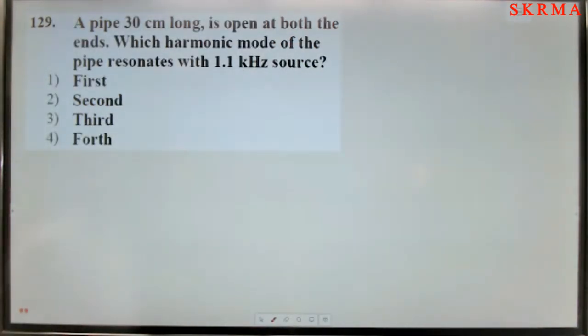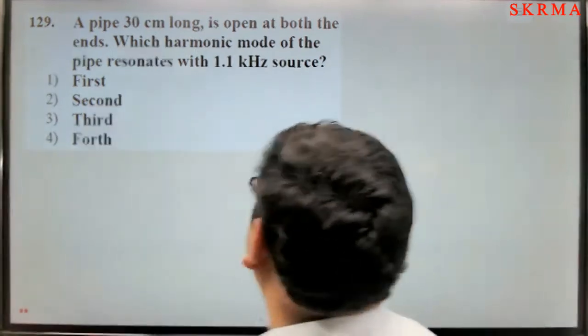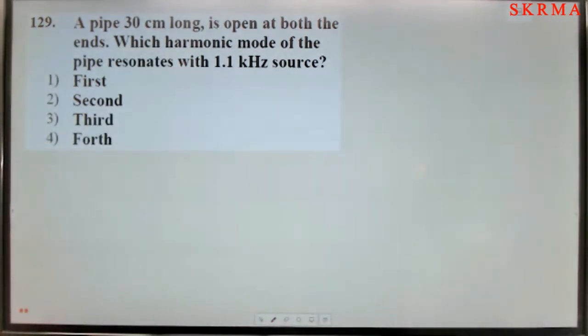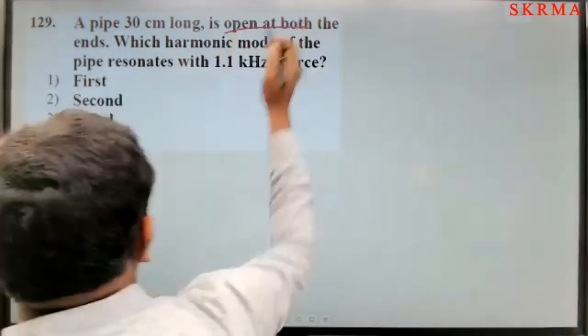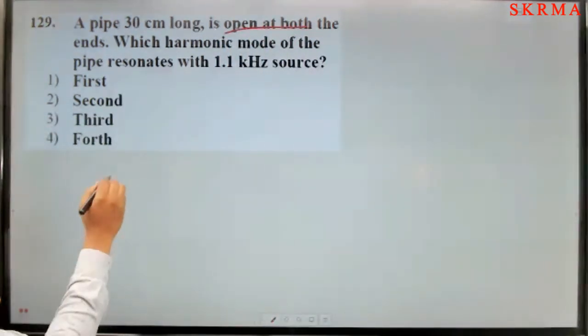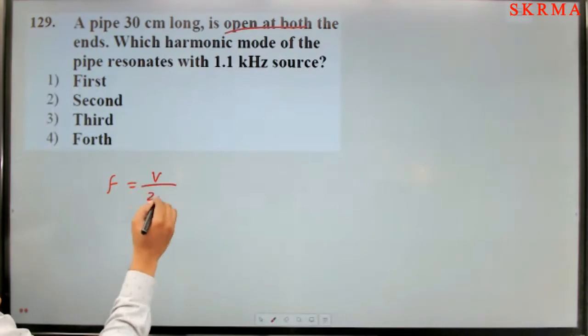Next, a pipe of 30 centimeter long is open at both the ends. Then which harmonic mode of the pipe resonates with a 1.1 kilohertz source? This is an open pipe. So for an open pipe, what is the fundamental frequency? V by 2L.